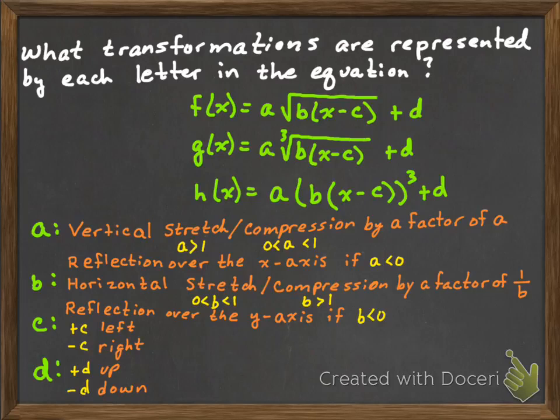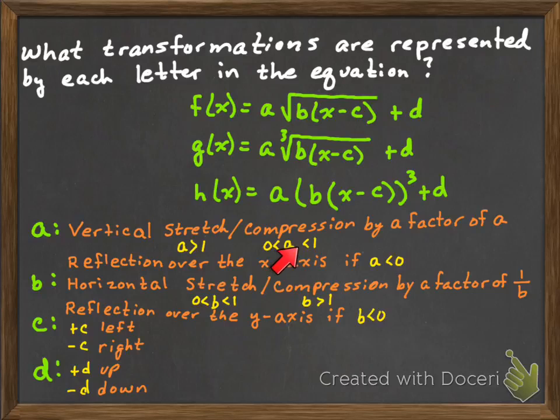Anything that takes place outside of your grouping symbols, such as the A and the D values, those are going to be your vertical transformations or changes the graph vertically. A in each of these is your vertical stretch or compression by a factor of A, and if the A is greater than 1, that will make it a vertical stretch.